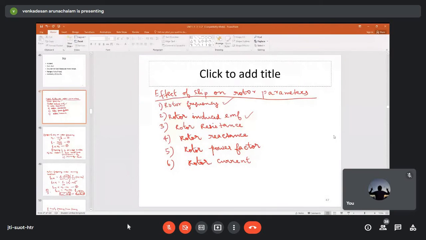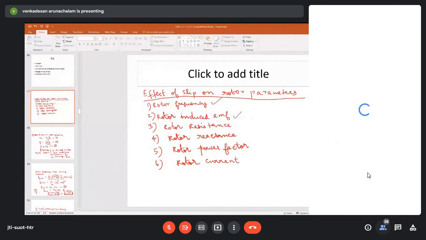So what are all the effects of slip on the rotor parameters? What is it doing on the rotor frequency, on the rotor induced EMF, and of course rotor current, rotor resistance, rotor reactance and rotor power factor?